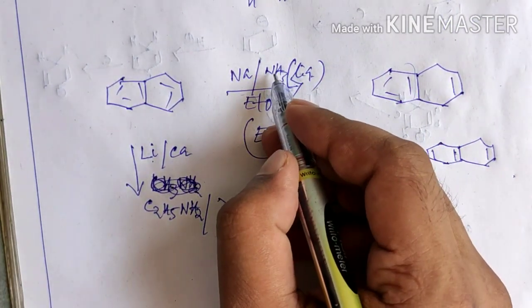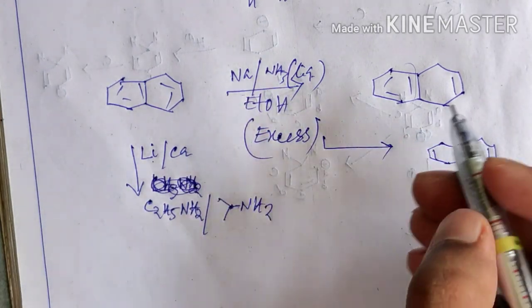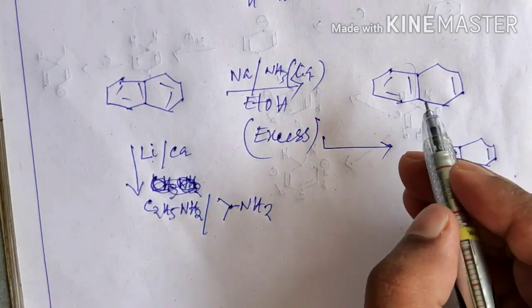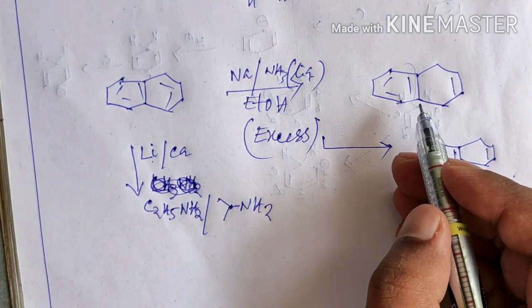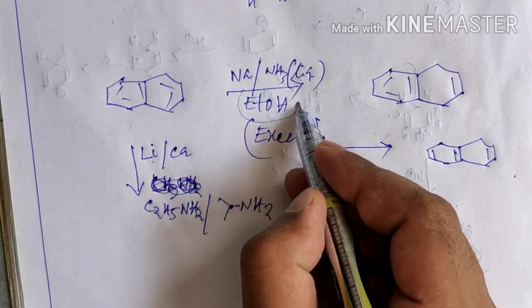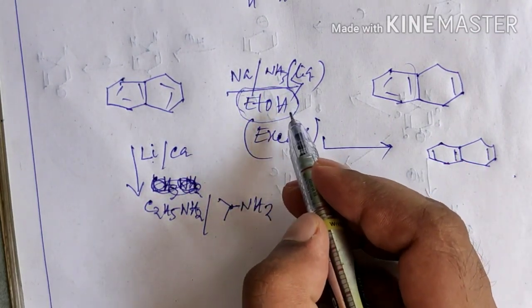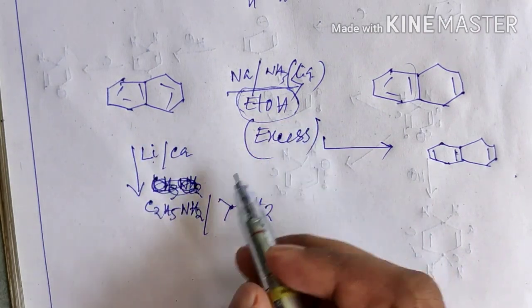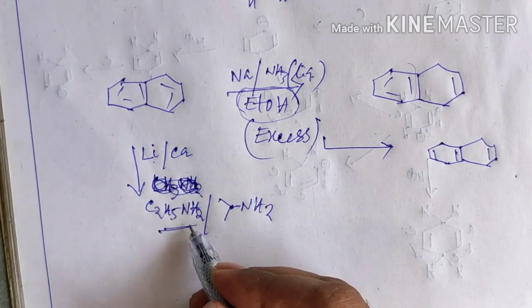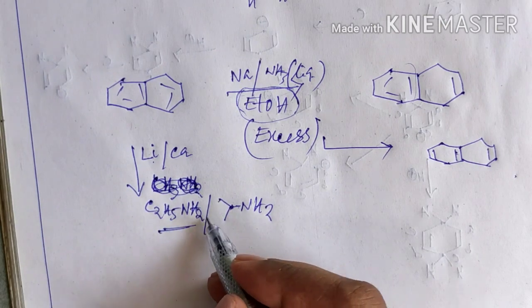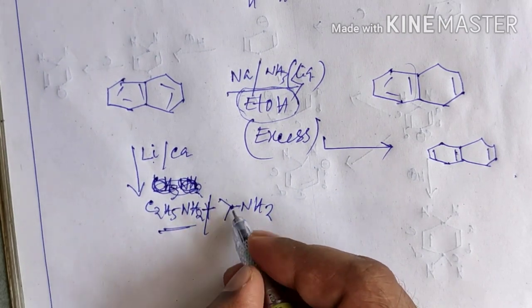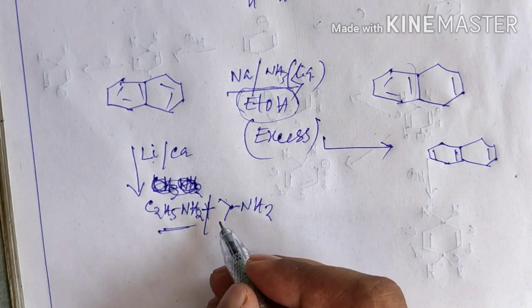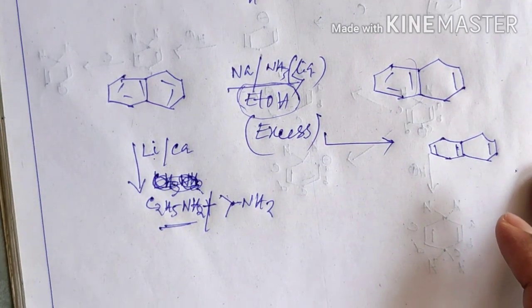Since in Birch reduction ammonia is not acidic enough to protonate the radical anion, an external proton source is used in the reaction medium. But in this modification of the Birch reduction, a mixture of ethylamine and dimethylamine is used, which acts both as solvent as well as proton source.